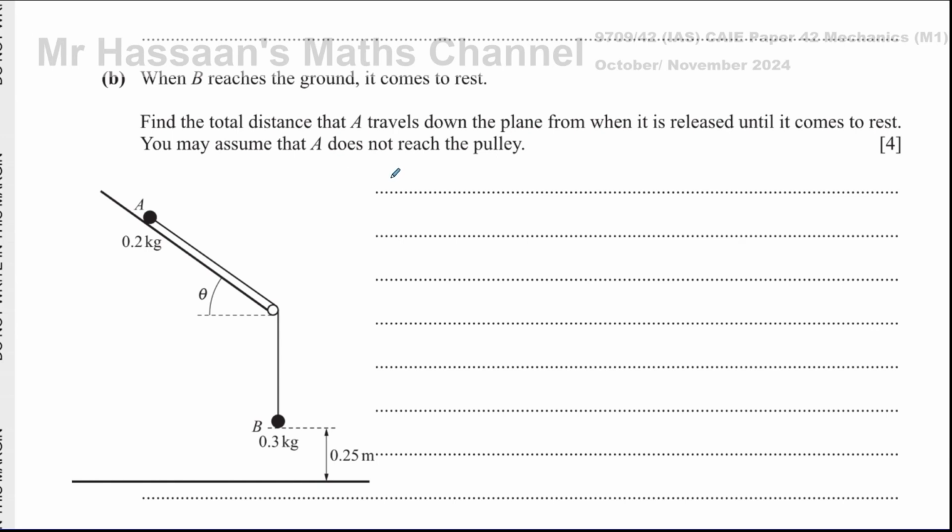We're going to use the second method for part B, which is called the work energy principle. Let's see how this works. This might be useful for those students who will take M2 in Excel, in Cambridge. This is in M1 as well.